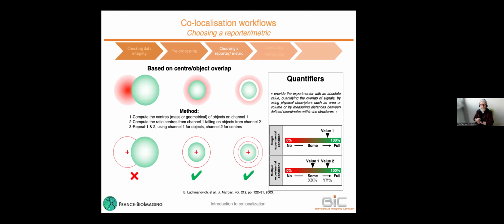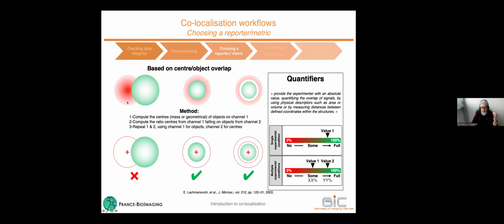Talking about quantifiers, you've got more advanced methods that rely on first identifying the pixels belonging to the objects and grouping them into objects, and then making some measurements on the objects. Measurements that will lead, for instance, for the red object here, to defining where its center is. And its center might be geometrical, or it might also be based on intensity.